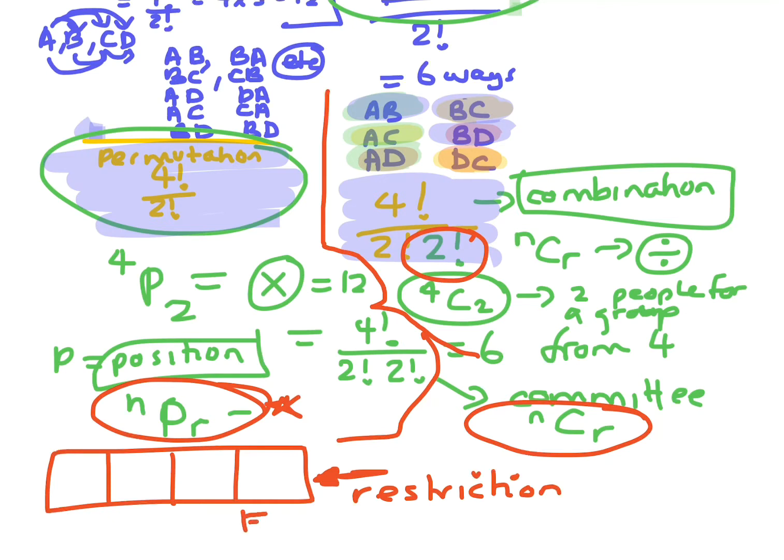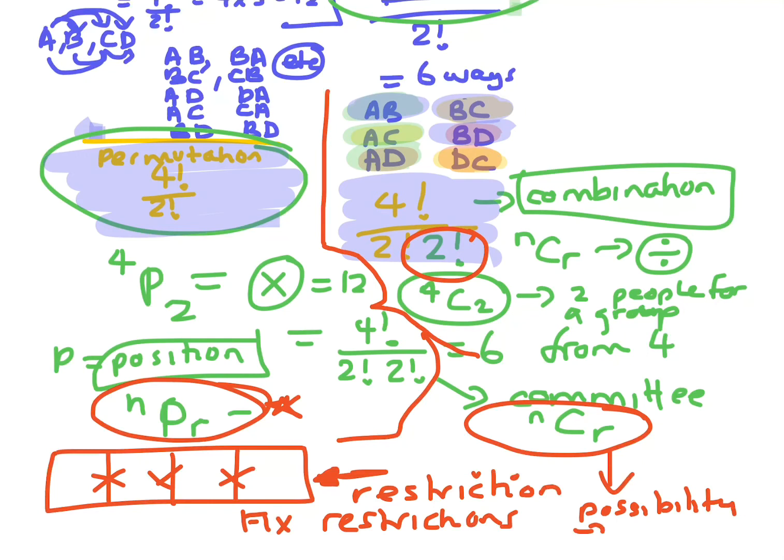You're better off fixing your restriction, and then once you fix your restriction, you just multiply all your possibilities. Whereas the NCR button can be used directly because all it's doing is dividing out the number of possibilities within the group that you picked in the smaller group.